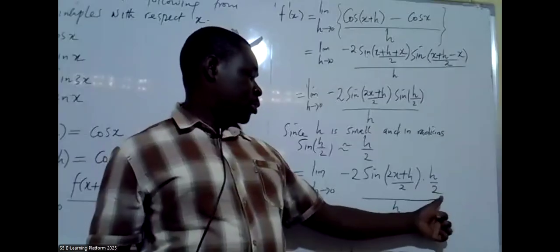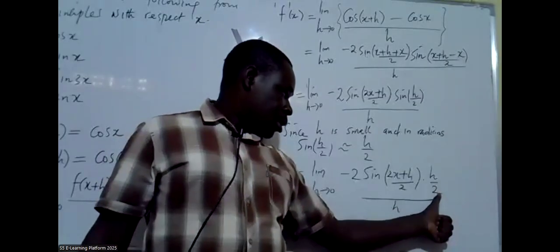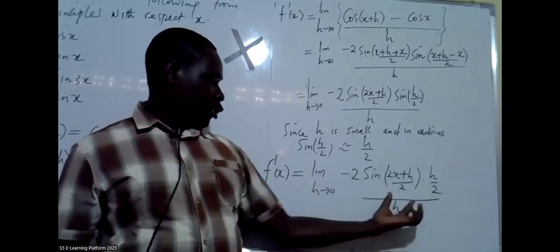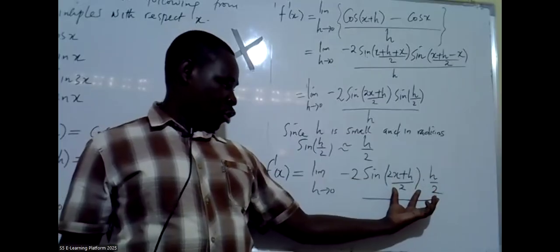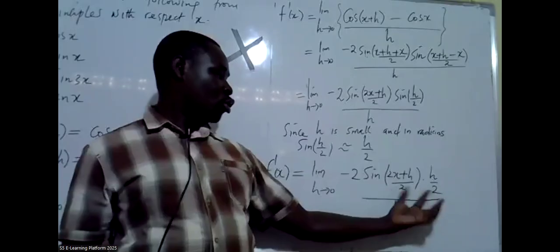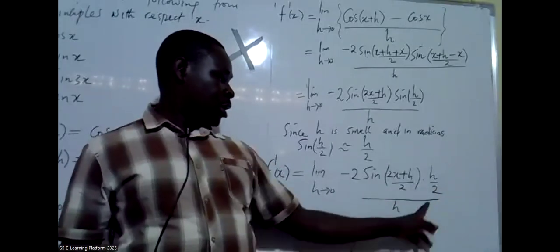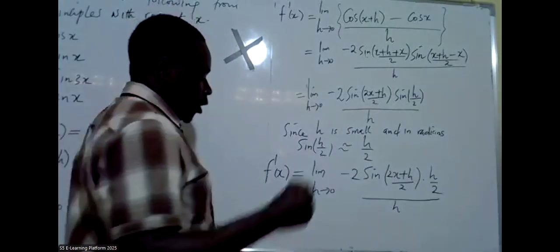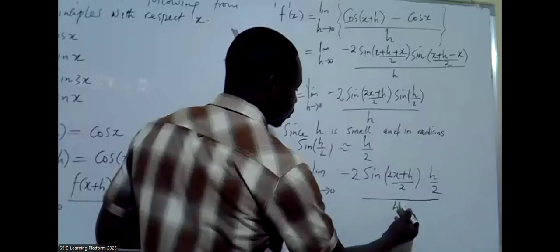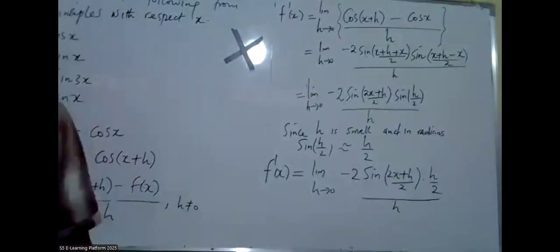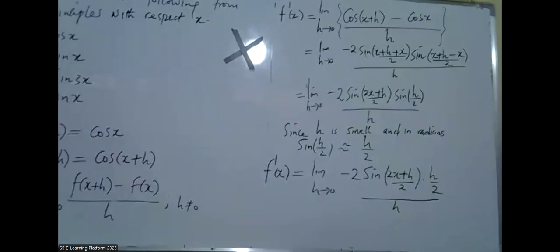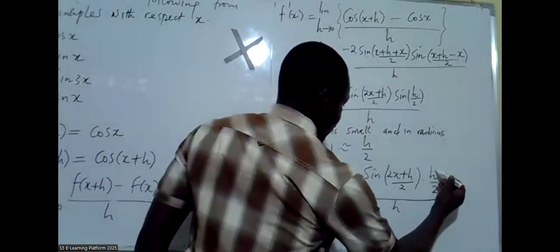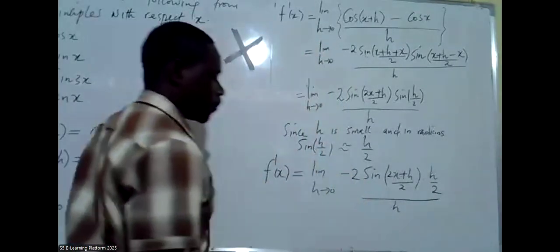Let's look at the blackboard. We have this 2. We'll go with this 2, not this one inside here. This one is an angle, so it is not affected by any of the ones outside. This one will cancel with that. Then this h also, I'm going with that one. I use some different ink. We said it is this h that will go with that one.